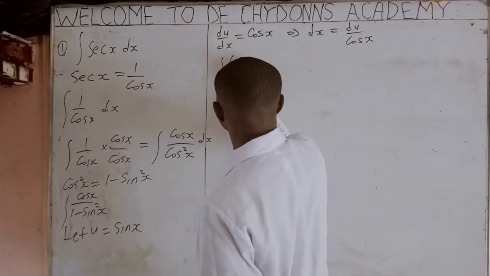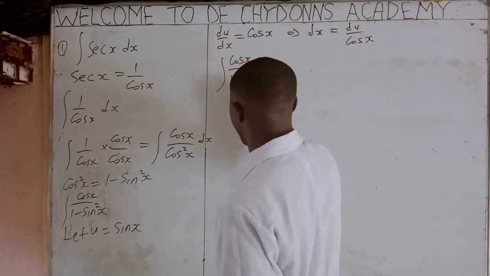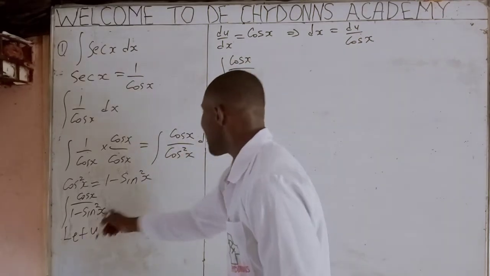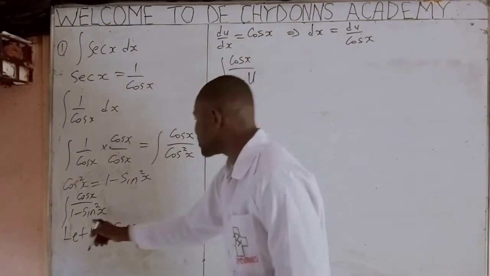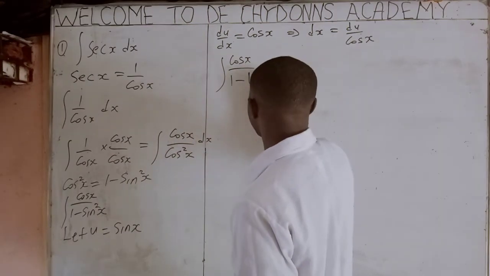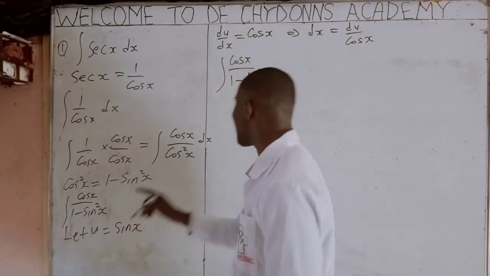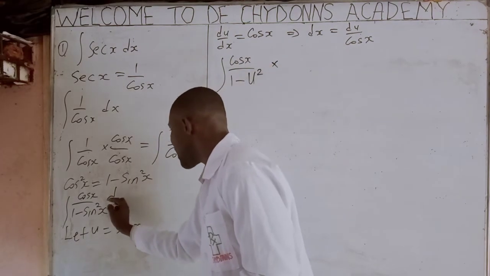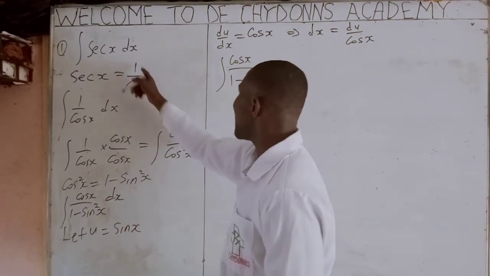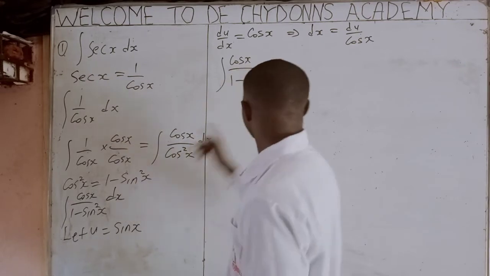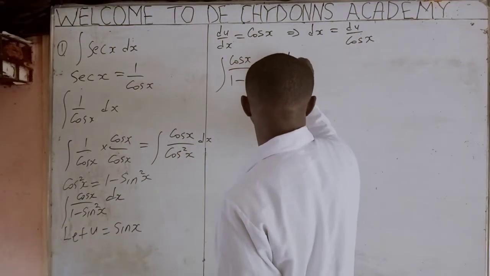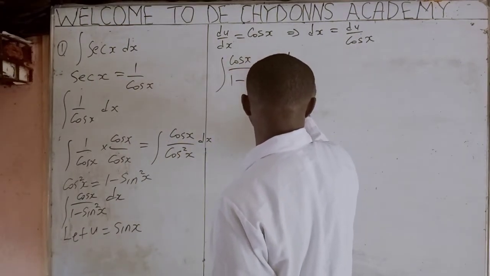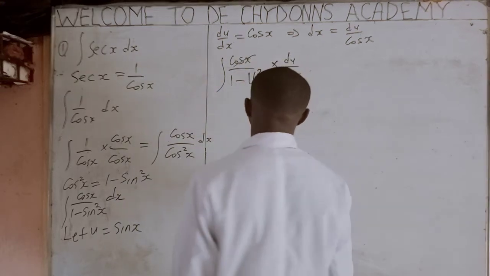Then I'll put it in the question. Integrate cos x all over 1 minus, what is my u? Sine x. So, since this is sine squared x, it will be u squared because my u is sine x. Then times this dx we have in the question, which is du all over cos x. This will cancel this.